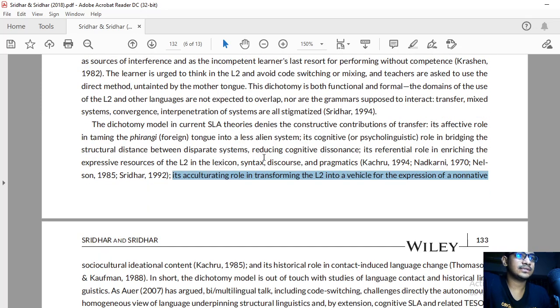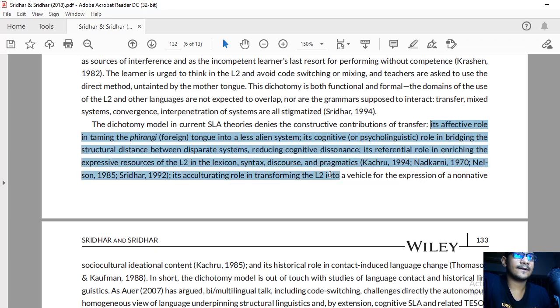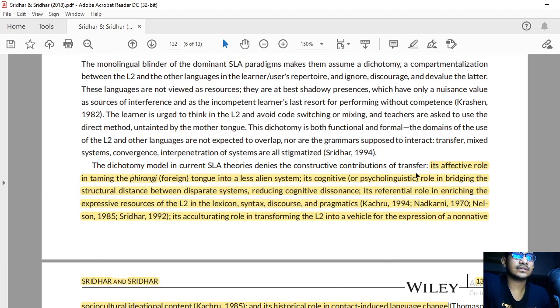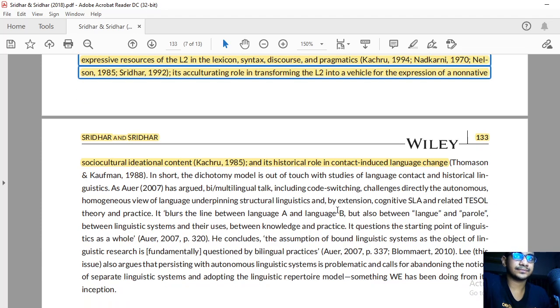So these are the advantages of a bilingual or multilingual ideology. But before, SLA theorists used to actually ignore these advantages.